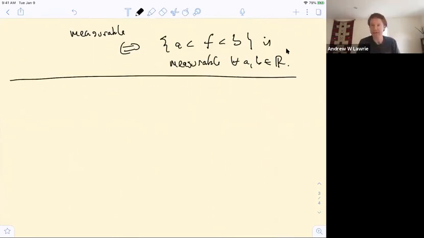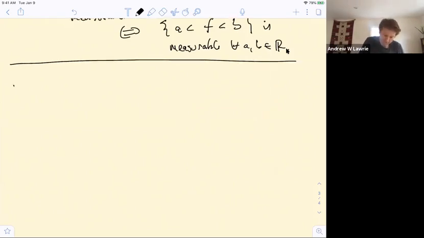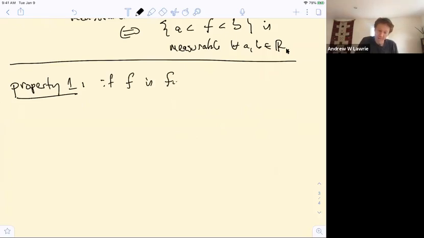And let's keep unwinding it to get a sense of which functions are measurable. So property one of measurable functions: suppose f is finite valued. This is just another characterization, slightly less immediate than the ones before.